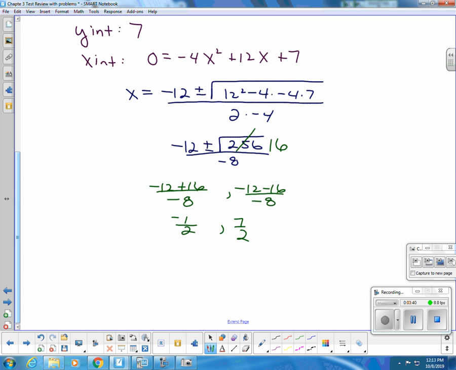Okay, so we have negative 1/2 and 3.5 or 7 over 2. So that's as much as we can do to figure out before we graph it.